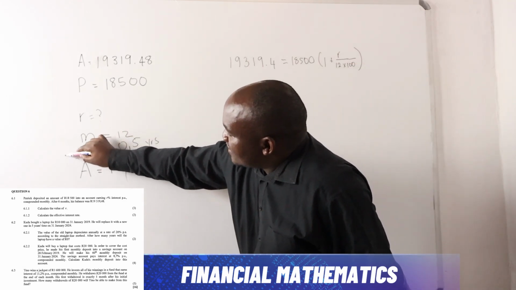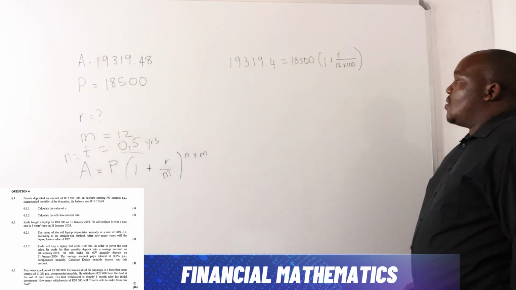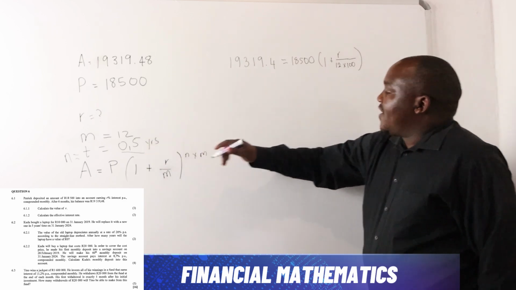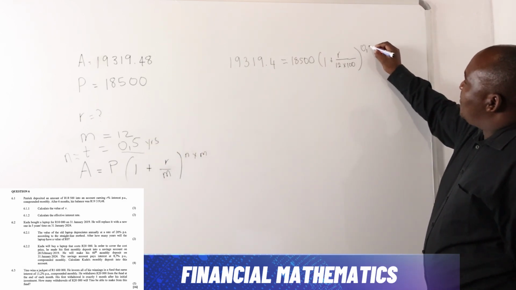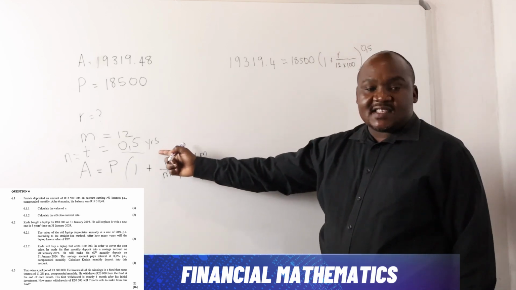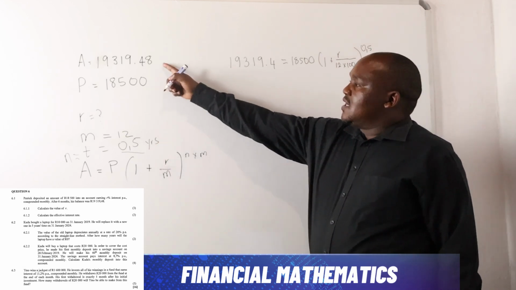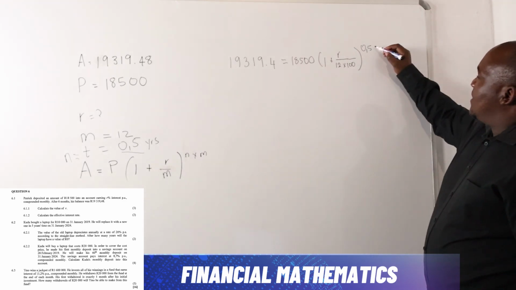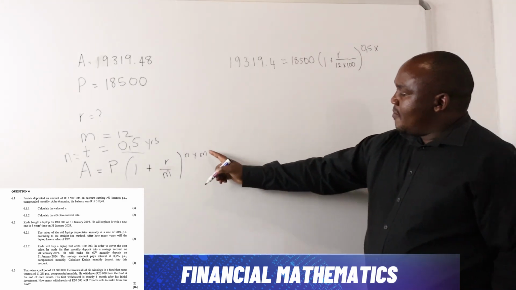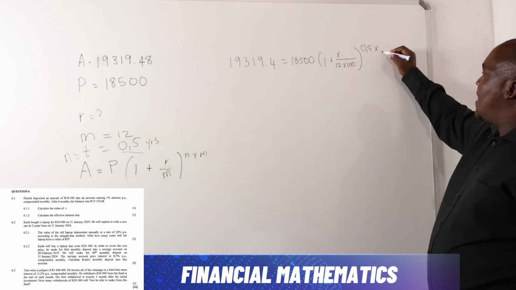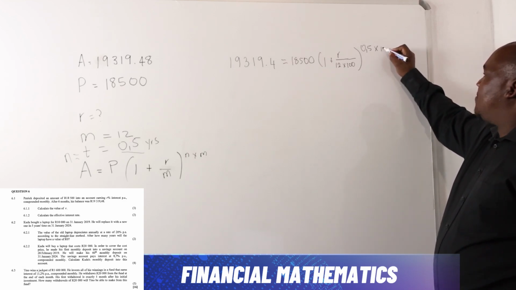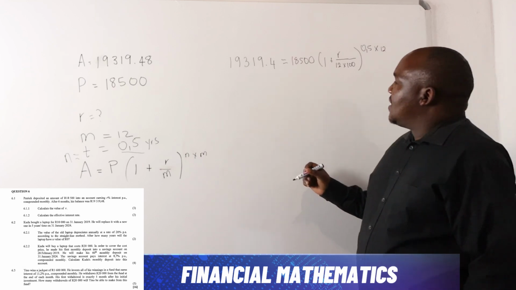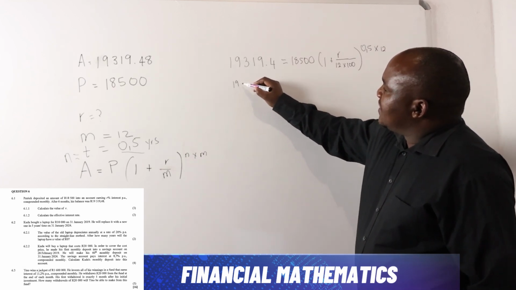This is expressed as N in your formula. It is 0.5 because it's 6 months. After 6 months, we achieve this value, so it's half a year. Then you multiply by this M, which is 12, the number of times conversion takes place.